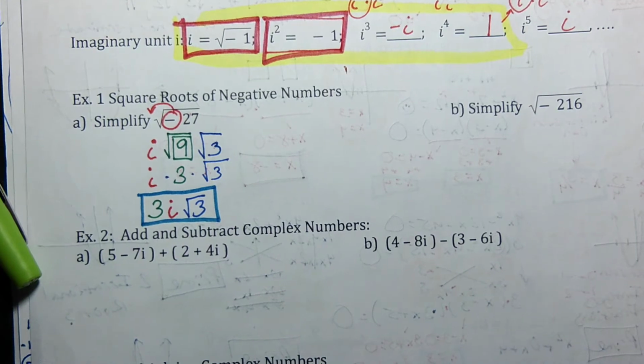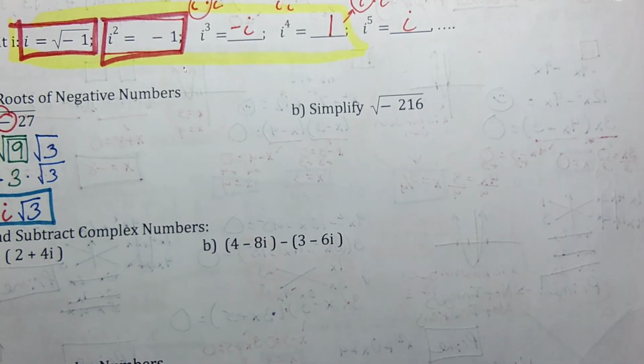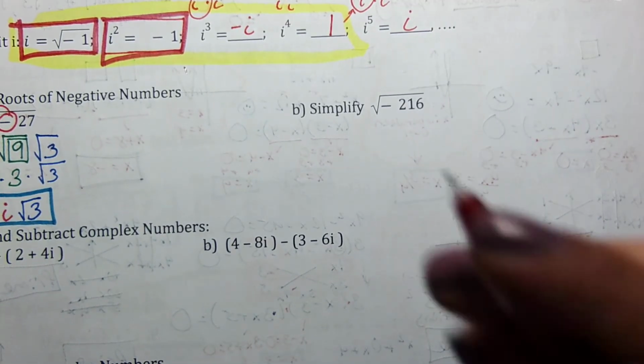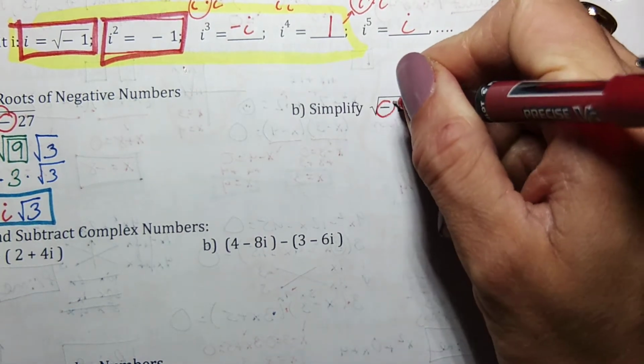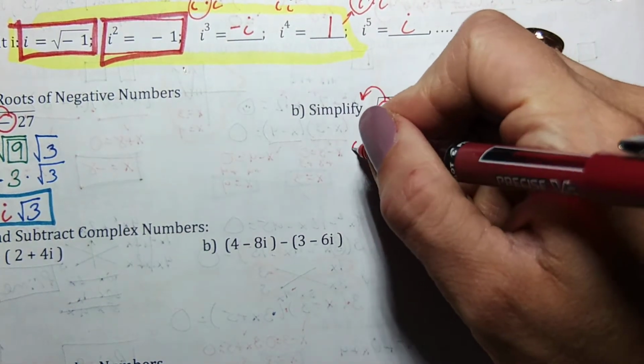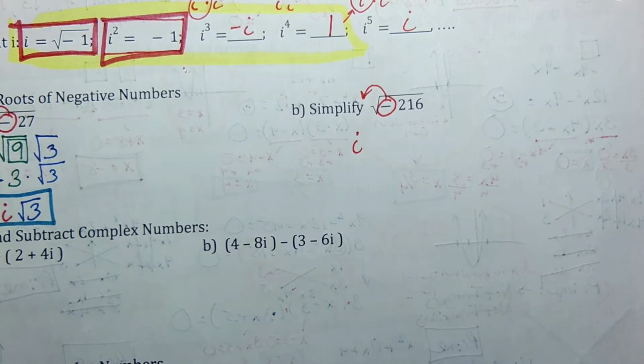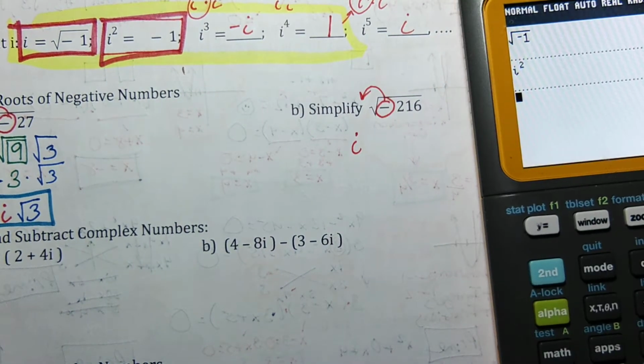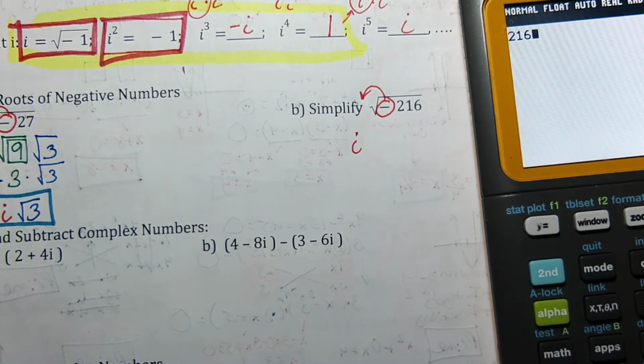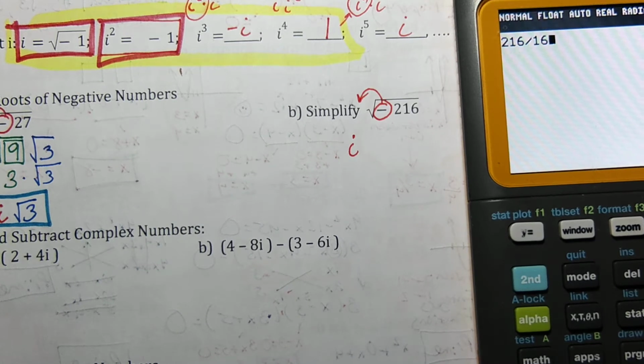Let's go ahead and take a look at the next one. The square root of -216. Anytime you see that square root with a negative underneath, you automatically bring that negative outside the radical as an i, as an imaginary unit. Now 216, off the top of my head, I'm not sure what the perfect square factors are, so I'm just going to try dividing it by 16. Nope, 16 didn't work.